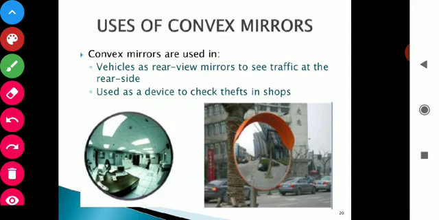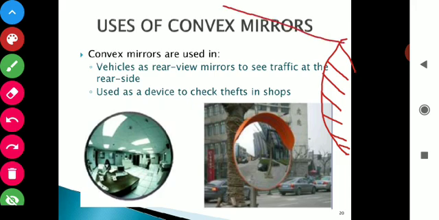Here if you see, this is the convex mirror and this is its area of view, so it gives a wide viewing area, so that's why we can see all the traffic behind us.